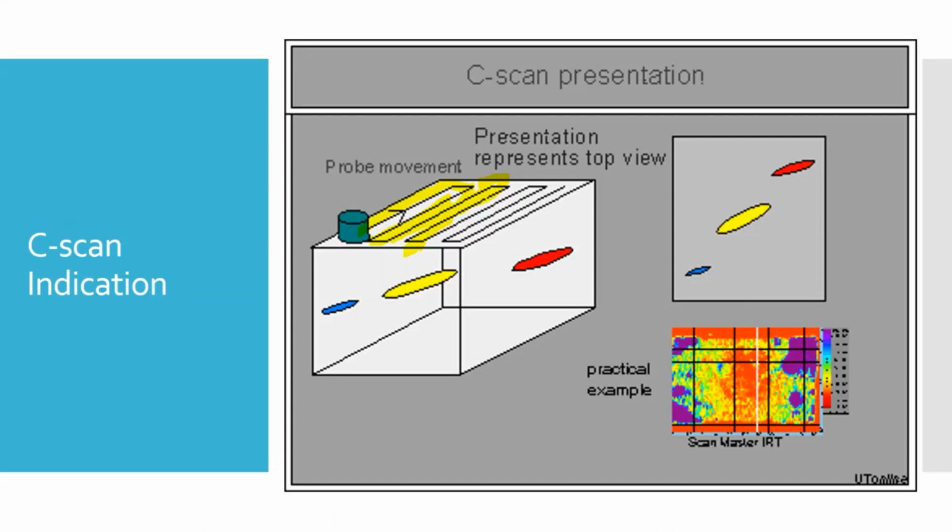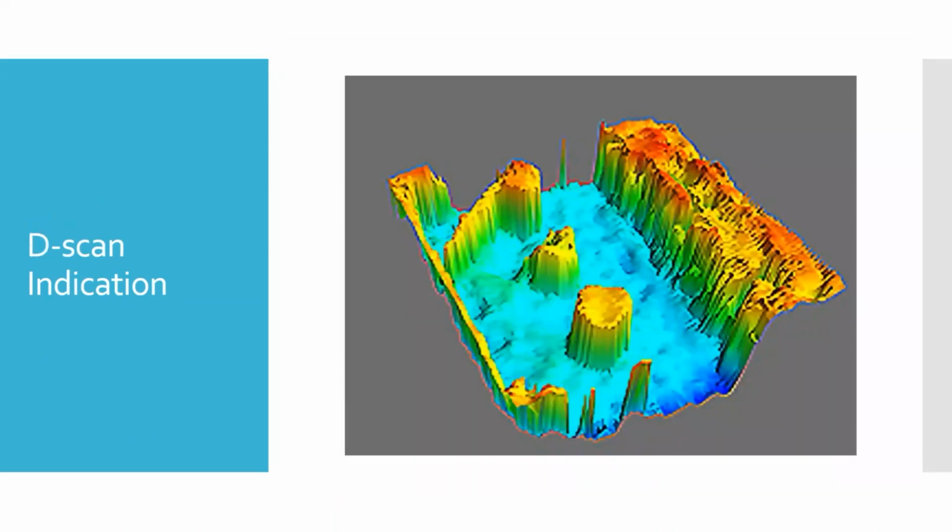Or the conductivity. If we take that and turn it up on an angle, and oftentimes this is done with an array type probe, we can get a D-scan indication. And that's that 3D view that I was talking about. So this is the probes on the top of the material, looking at the bottom surface.